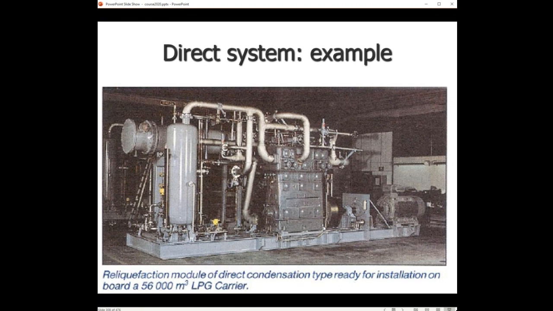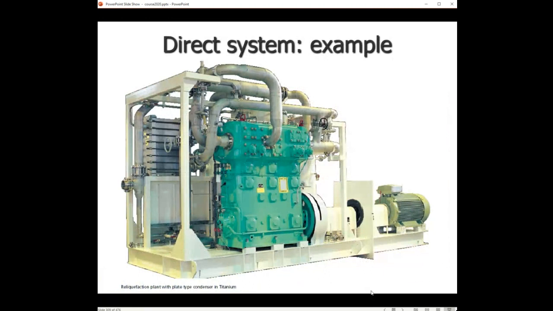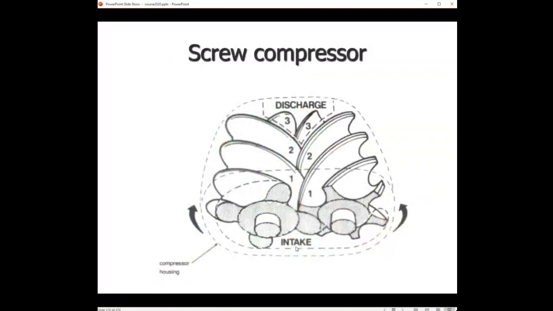But this is an installation which is ready to be installed on board of a vessel. Here is another diagram of a system where you also see the motor bulkhead, then here the compressor.